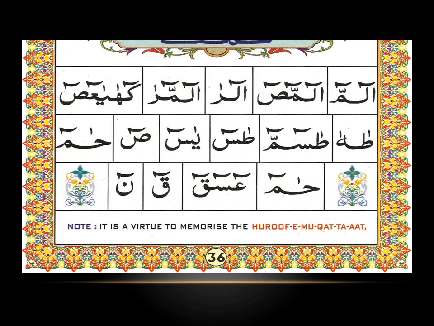Again, alif, lam, mim, sad. Make sure on sad you do qalqala at the end, because when you pronounce sad, you can hear the dal sound at the end, so do qalqala on that dal. One last time.